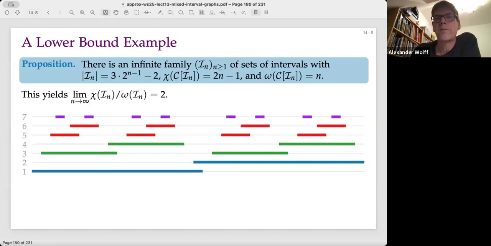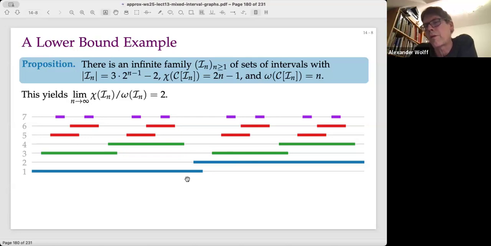And yeah, you can see that in this case, the largest clique is of size 4, I guess. So here you take 1 of each color. This gives you a size of 4. But the number of colors that you actually need, you can see here, is 7.